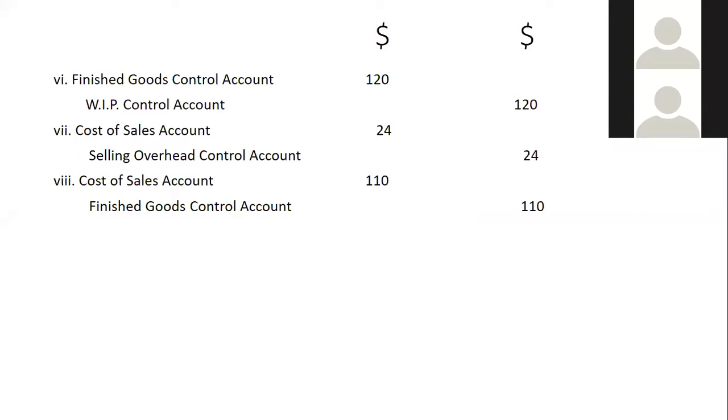So we debit cost of sales account with 110 and then credit our finished goods control account. That is it. Cost of sales: you debit cost of sales account, then you credit finished goods control account. So that is all that they've been asking you to do.